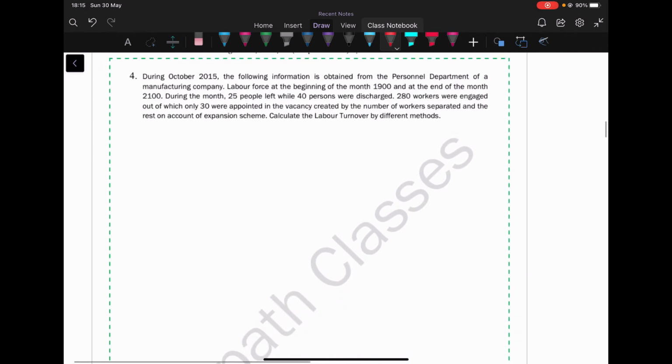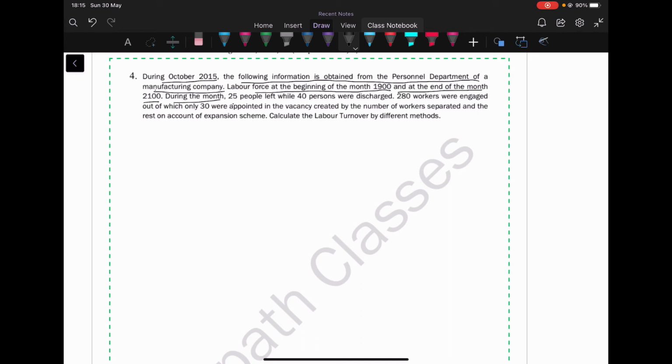This is the labor turnover. We'll solve this problem also. During October 2005, the following information is obtained from the personnel department of a manufacturing company. Labor force at the beginning of the month is 1900 and at the end of the month is 2100.